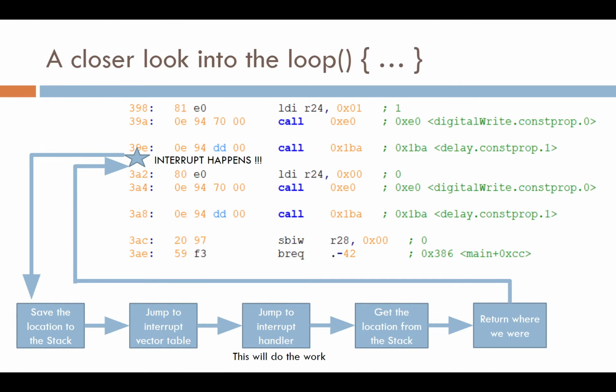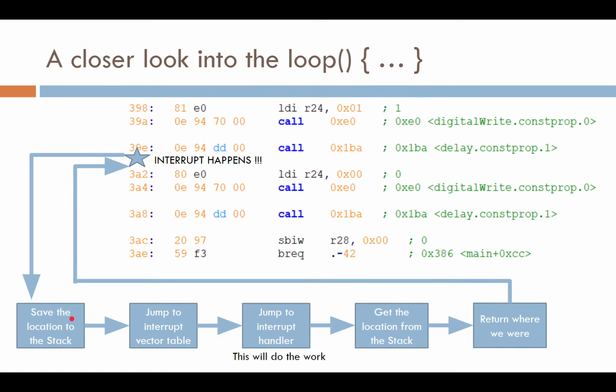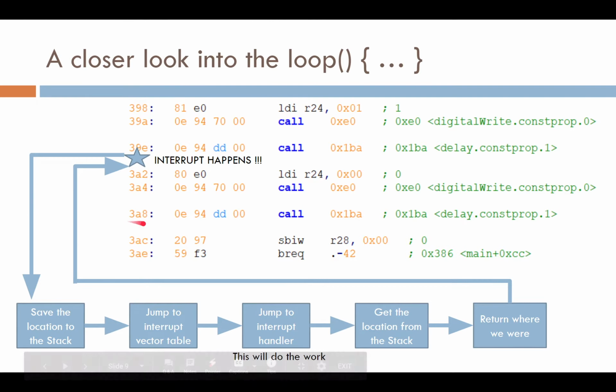So practically what happens automatically, it saves the program counter. The program counter is just keeping track of which address the processor was at when it was interrupted.